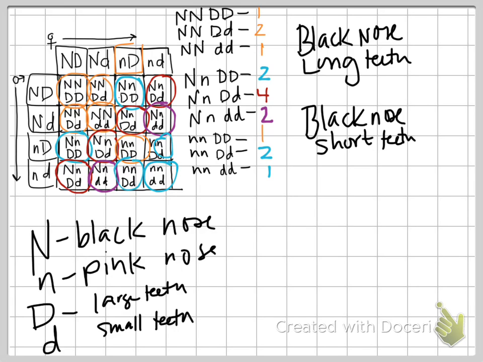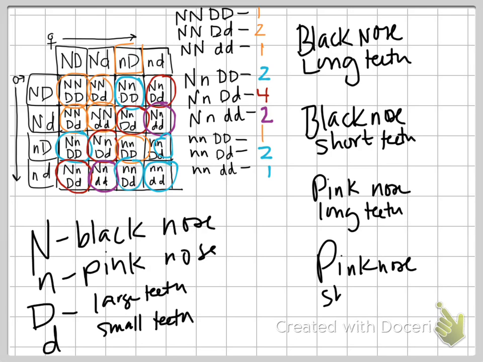We could have an individual who comes out with a pink nose and long teeth. We could have an individual who comes out with a pink nose and short teeth. Are there any other possible phenotype combinations? It's just 4. There are 4 phenotype combinations. So there are more genotype combinations, but there are only 4.